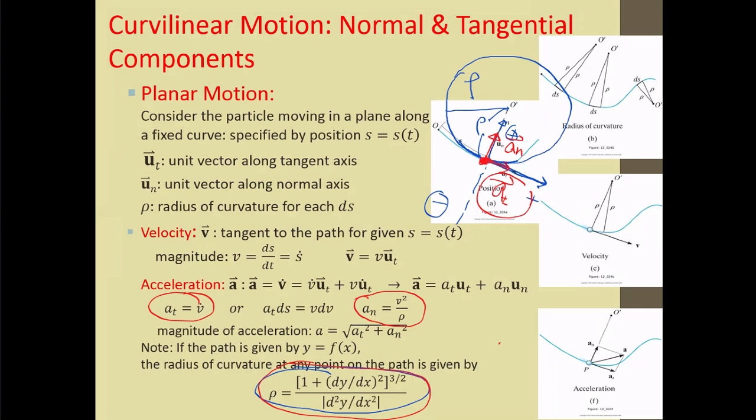Okay, then total acceleration is the square root of, okay, this is it. Tangential acceleration plus normal acceleration will give total acceleration.